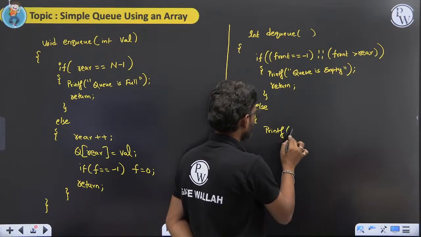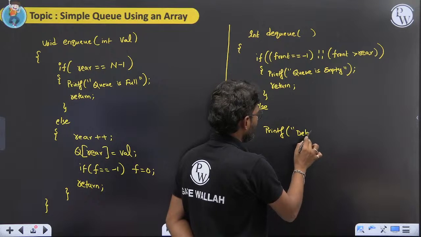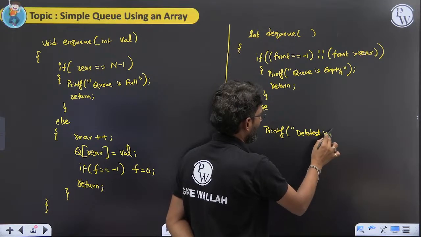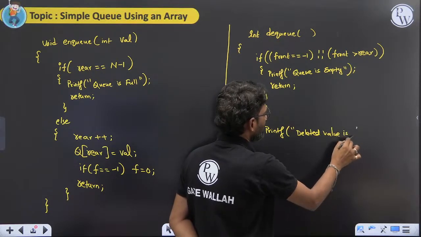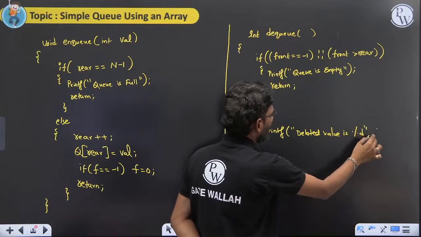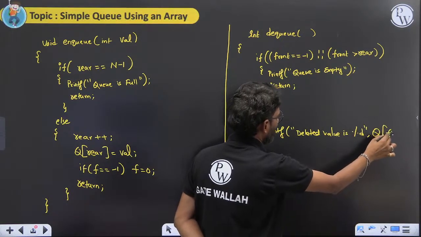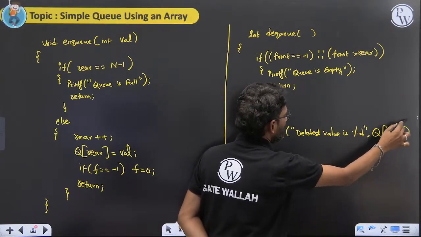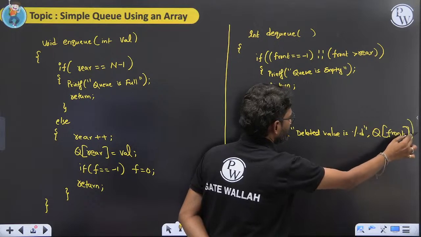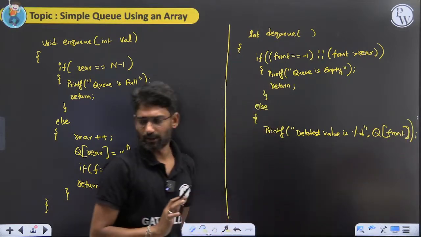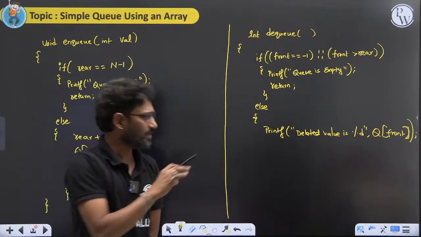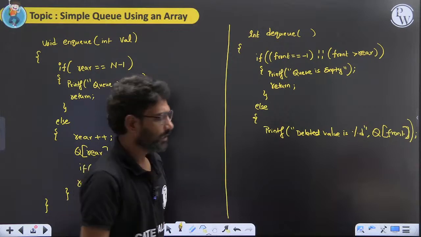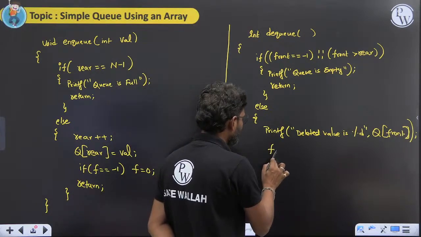Print deleted value is %d comma queue of front. So instead of printing in the switch, I am deleting and printing here only. Then I am incrementing the front.